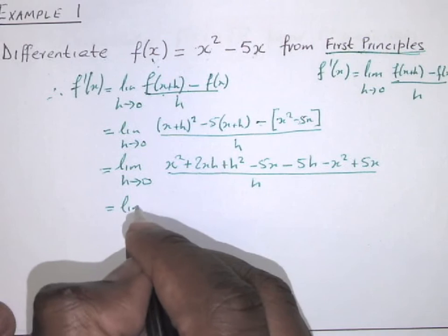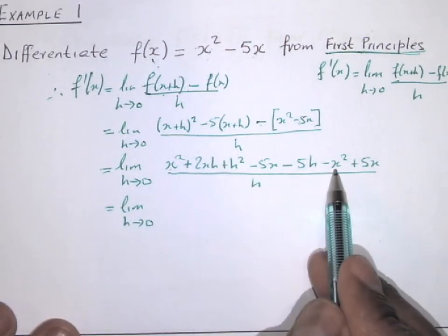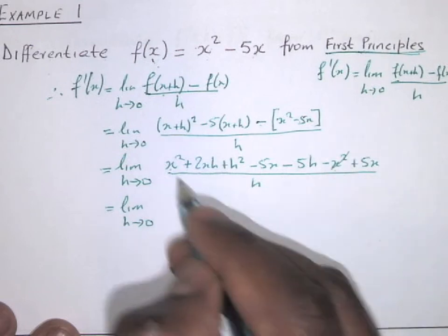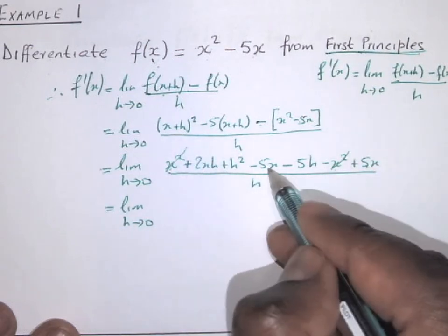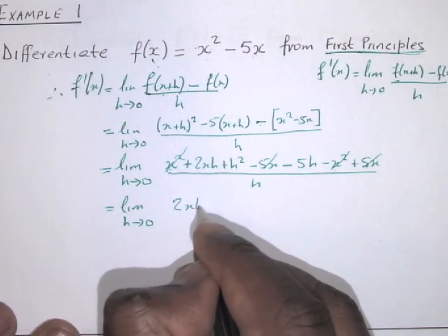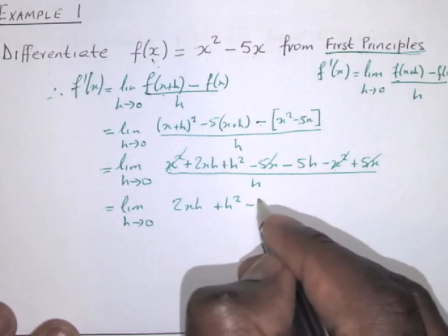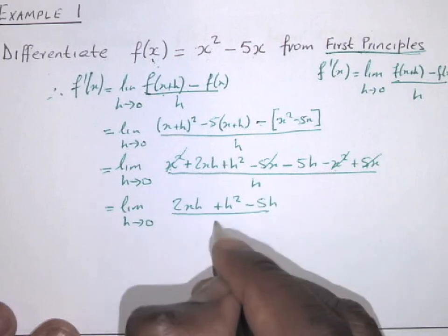If I simplify, the x squared and minus x squared will cancel off. The 5x and the minus 5x will cancel off. So I'm left now with 2xh plus h squared minus 5h all over h.